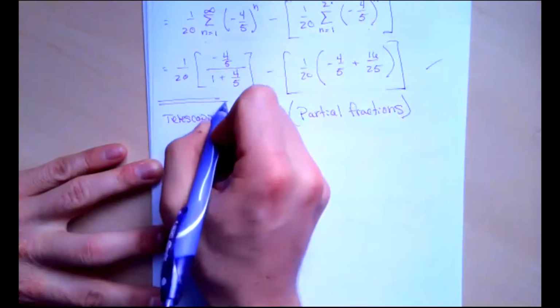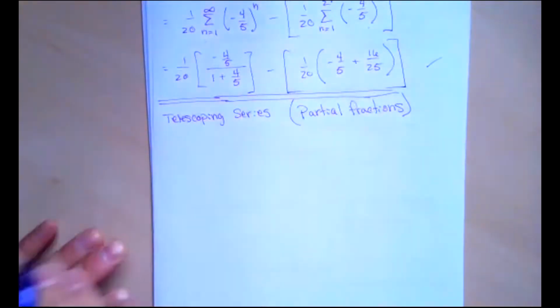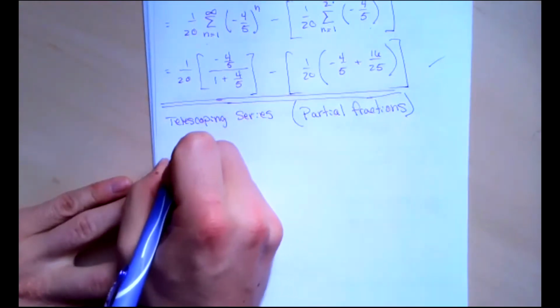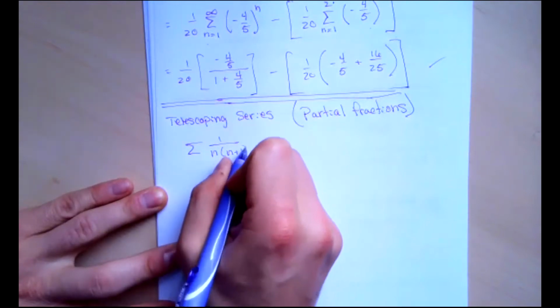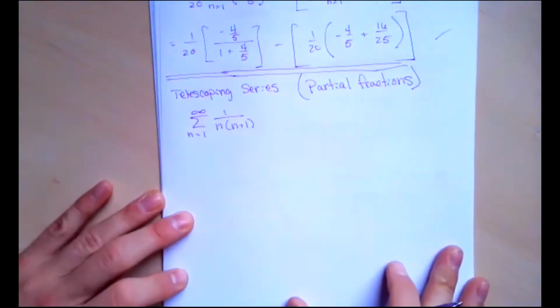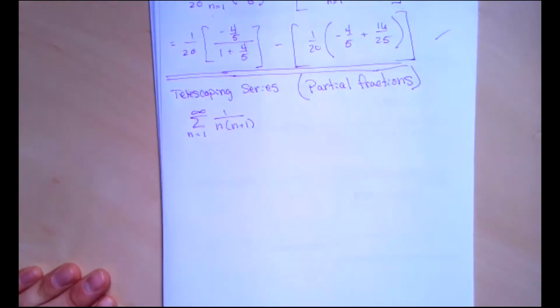It is the partial fractions method, in some sense, for sums, for series. So we've got the sum of 1 over n times n plus 1, which is the classic example for this, from n equals 1 to infinity. I want to know, does this converge or diverge?